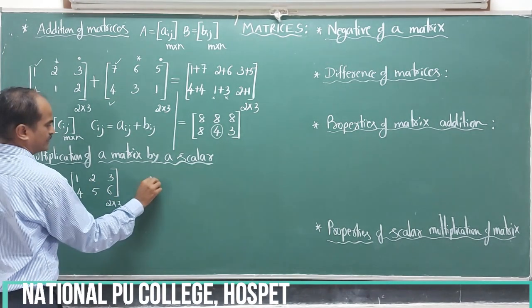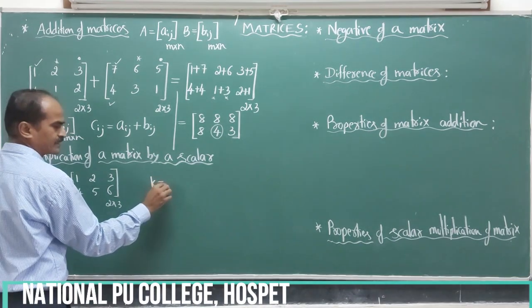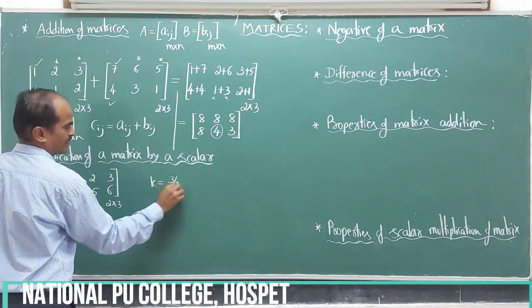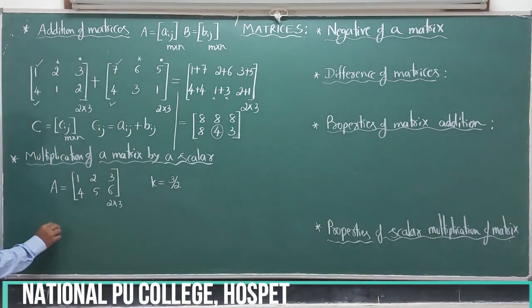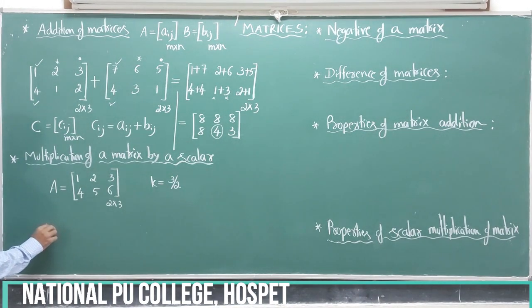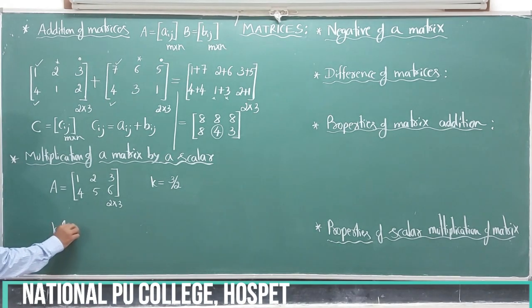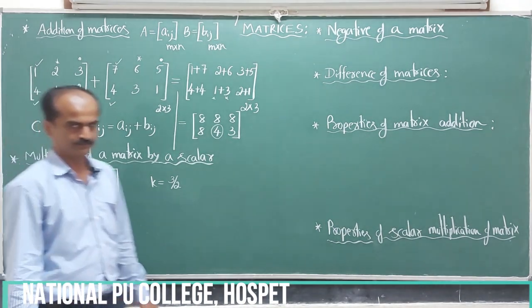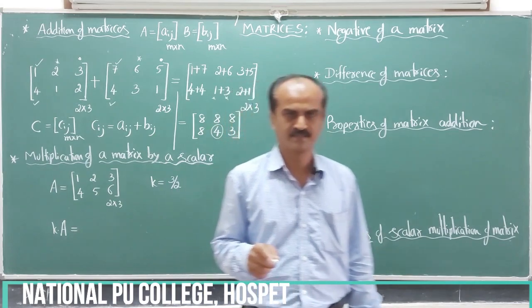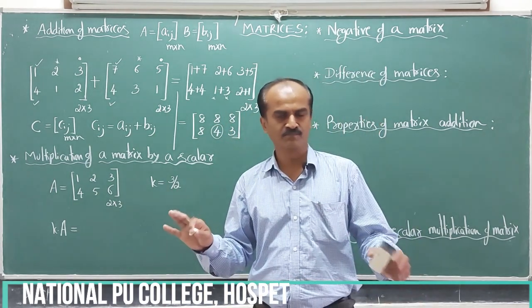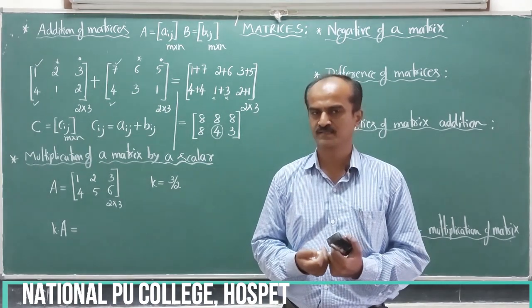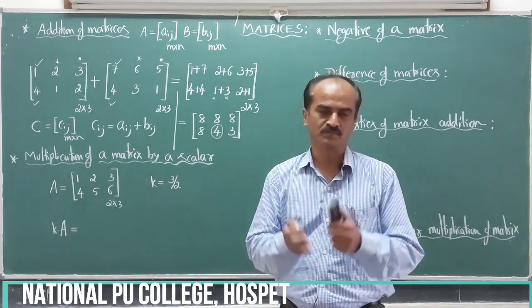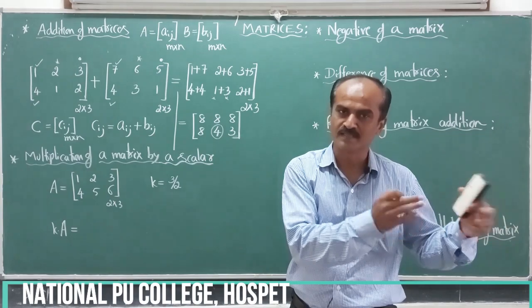Let me take a scalar k is equal to, say maybe 3 by 2. Then k into A. A is matrix, k is one real number. We are trying to multiply a real number and a matrix. What is the product of these two?